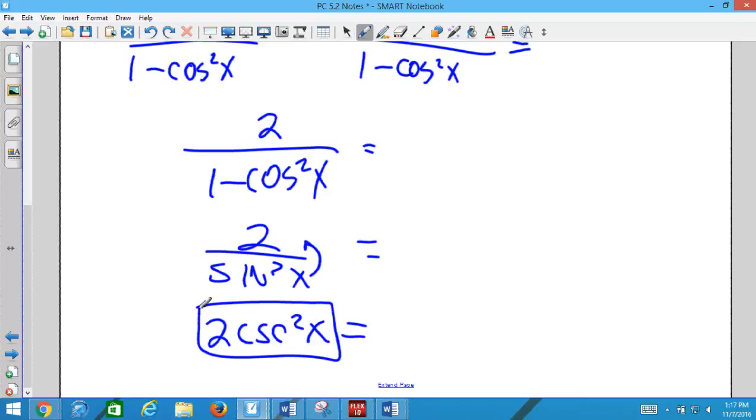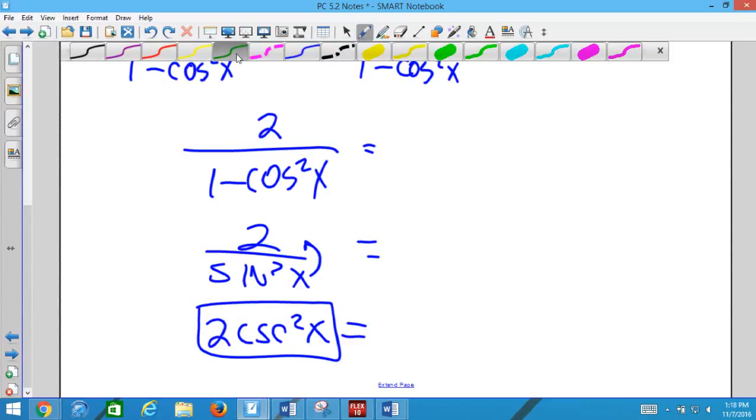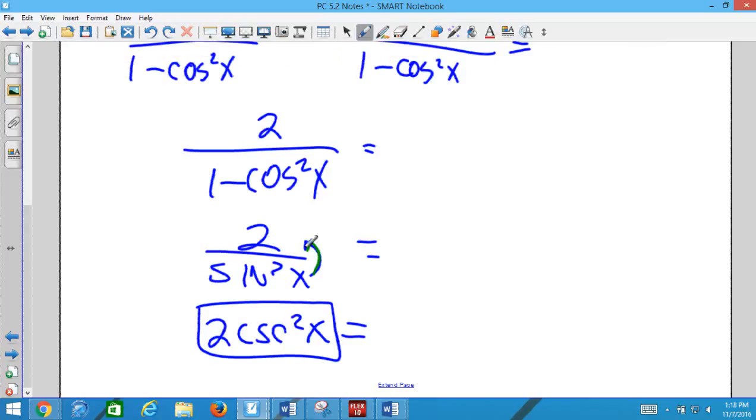On which part? Where I got the 2? No idea. Okay. Is it this that I lost you on? The one on top right there. No. Lost me from like this step to this step.